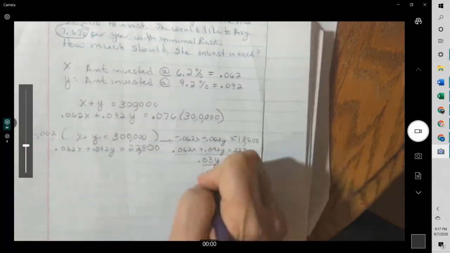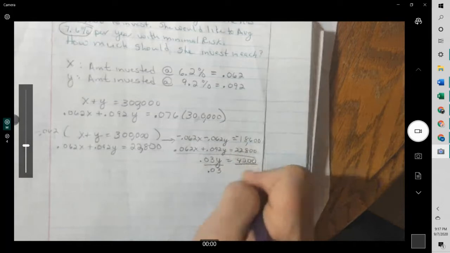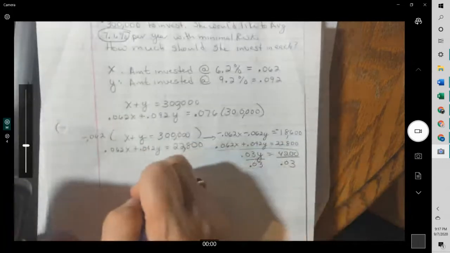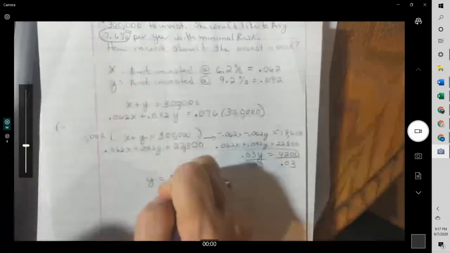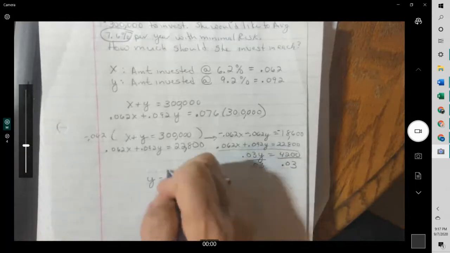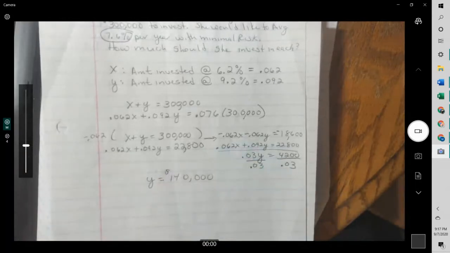And then divide by the decimal. And we get y equals 140,000. But what does that mean?